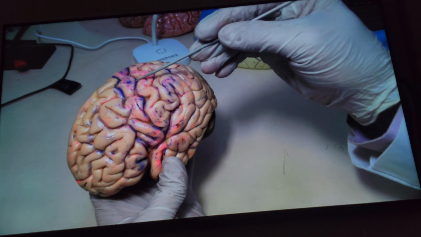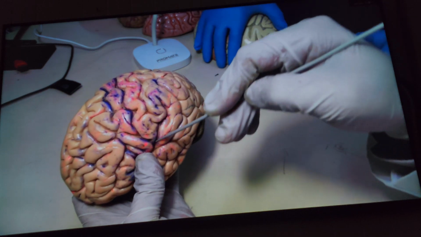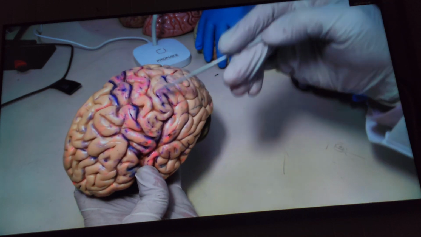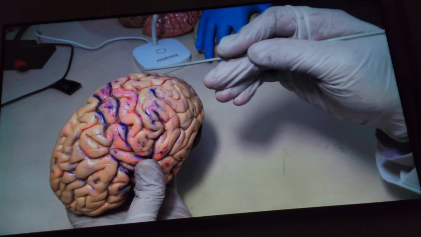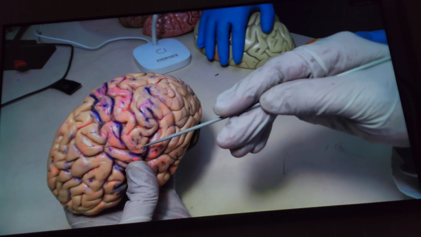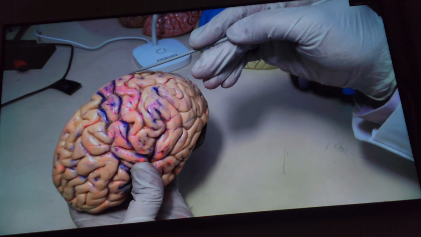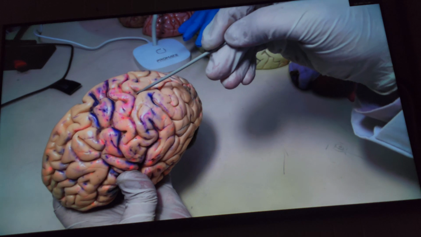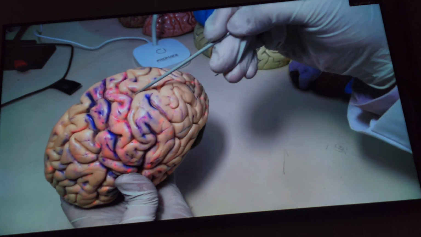Posterior to the central sulcus, and superior to the lateral sulcus, is the parietal lobe. The parietal lobe contains the main sensory area, and also one sulcus called the intraparietal sulcus.